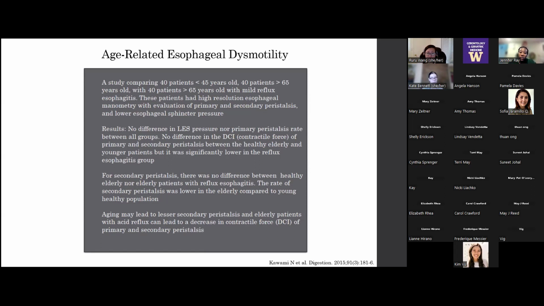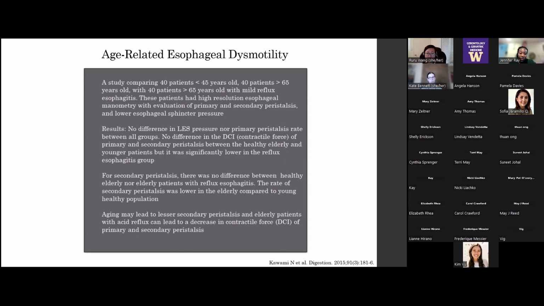So they found that there was no difference in the lower esophageal sphincter pressures, nor in the primary peristalsis rate across all groups. There was no difference in the DCI, which stands for the contractile force of primary and secondary peristalsis, between the healthy and elderly patients, but it was significantly lower in patients with reflux disease, as I mentioned earlier when I was talking about Cressley esophagus.